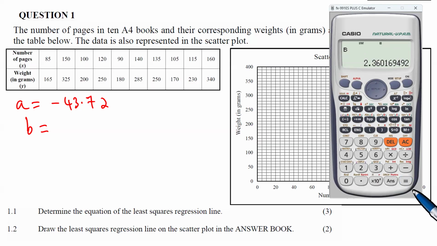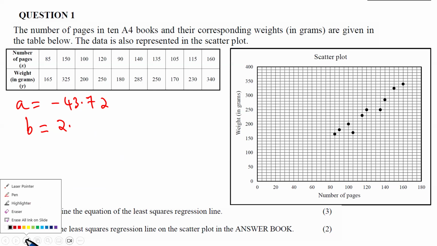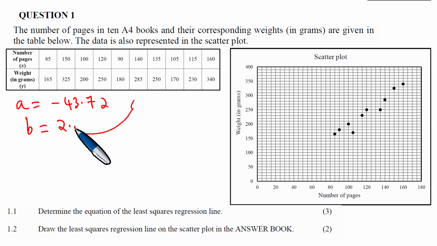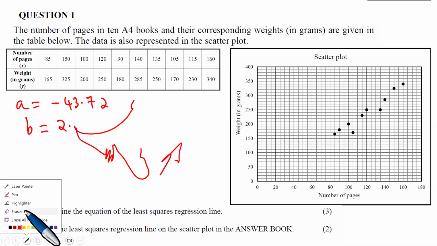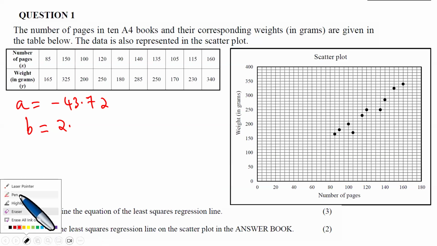B is 2.36. We clear this up a little bit.